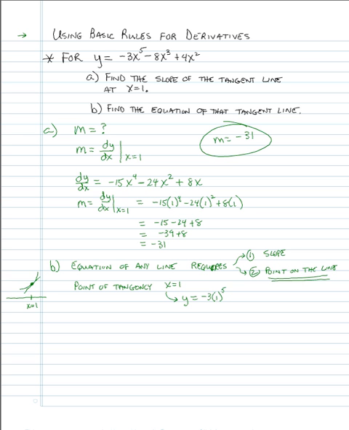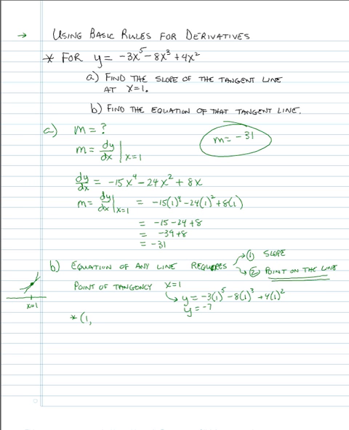So our y value here is negative 3 times 1 to the 5th power minus 8 times 1 to the 3rd power plus 4 times 1 to the 2nd power. And of course, when we do all those calculations, we'll end up with a negative 7. So now let me reiterate here.